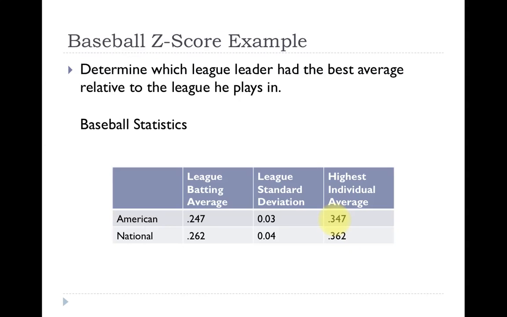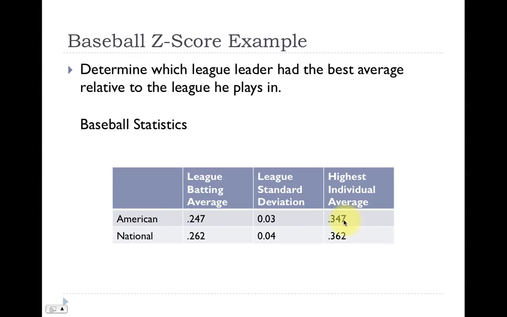So both of them, obviously, you take a look at 0.347 relative to the mean for the league, 0.247, it's greater. Okay, so clearly it's a positive z-score. And the National League, 0.262 for the mean and 0.362 for the data value is clearly greater, and therefore also a positive z-score.